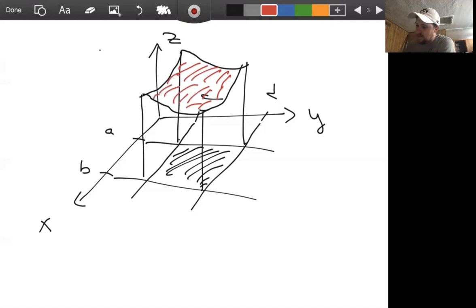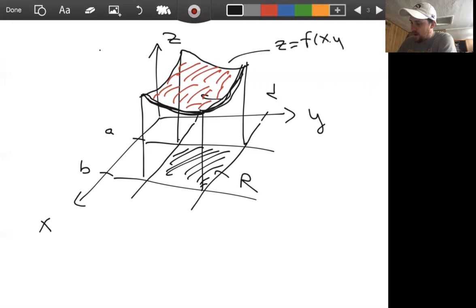So here's R down here in the xy plane, and you can imagine hanging like a sheet above it. And part of this sheet over the region R is the part of your surface that's above this region. This surface would be given by z equals f of x, y.